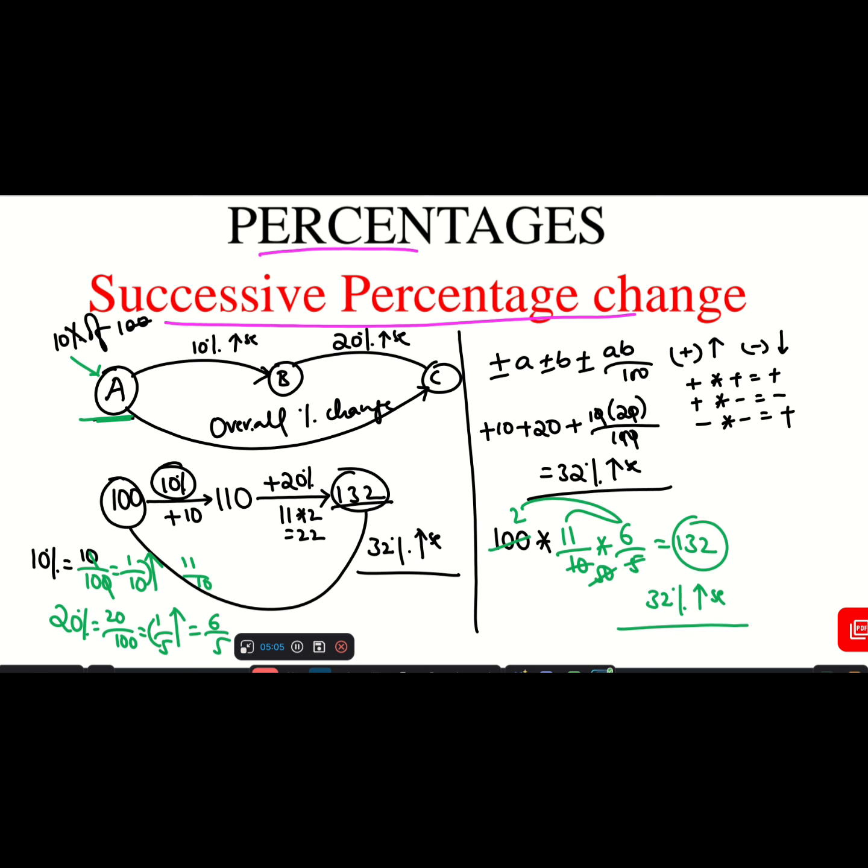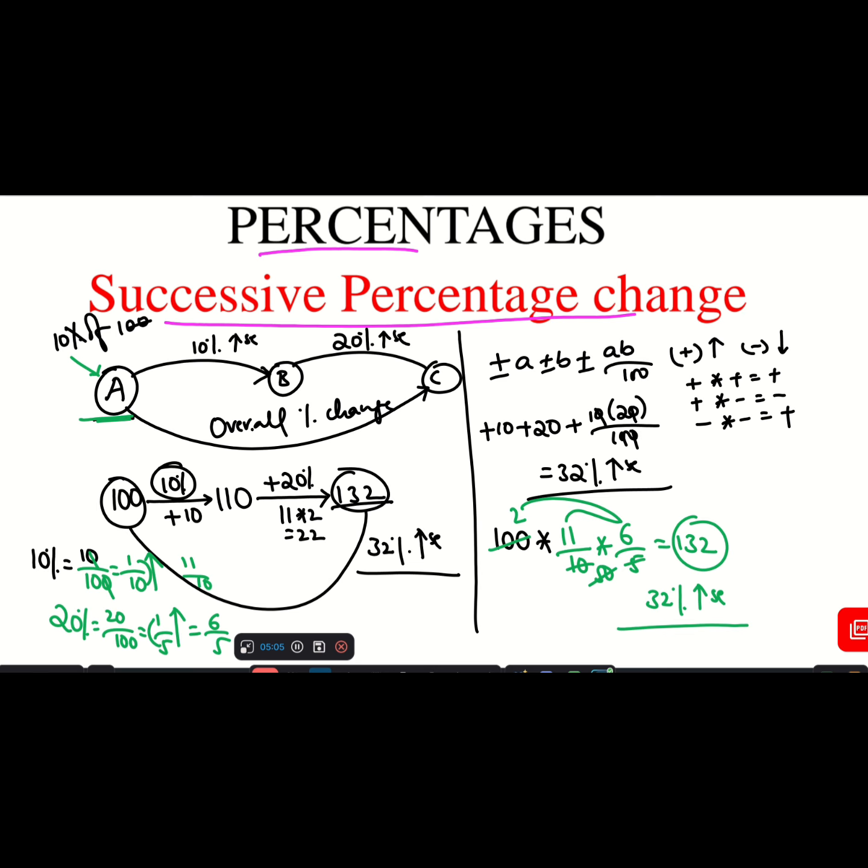Plus 20 minus 25 plus into minus, minus 20 into 25 divided by 100. That will be equal to minus 5. 25 ones are 25, fours are 4, ones are 4, fives are minus 5. Overall it will be equal to a 10 percentage decrease. If both of them are positive, we need to take positive.